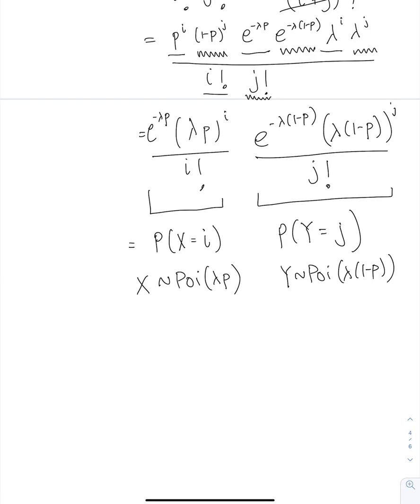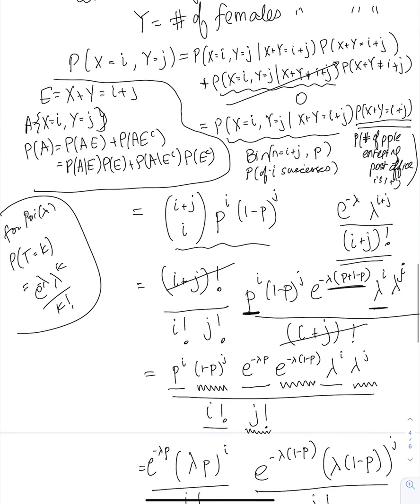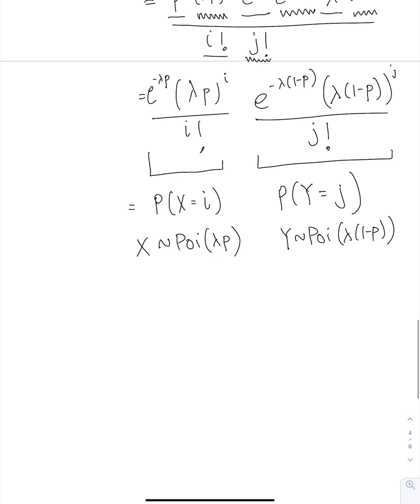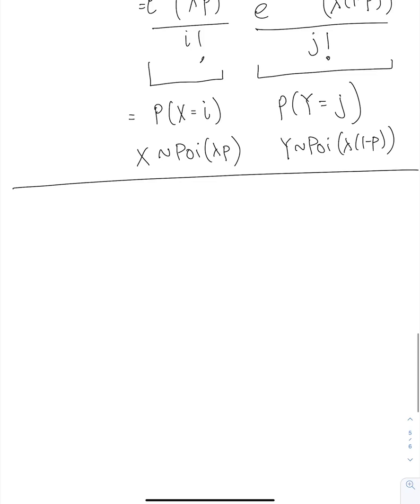This was just playing with numbers, rearranging terms, and then discovering that what we do have is indeed Poisson times Poisson. So that was the end of 2b. And of course, it goes unsaid: any questions, please feel free to email.